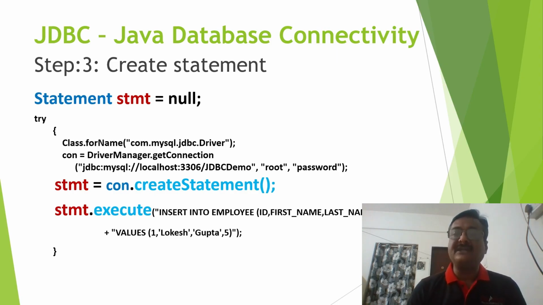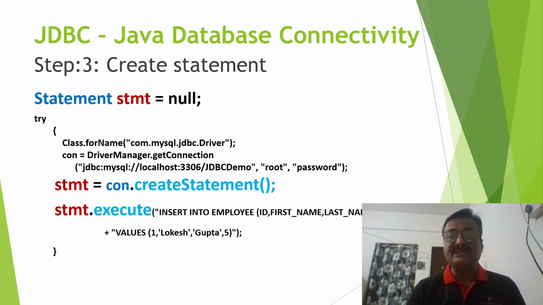From now onwards, whenever I want to refer to my database, I will use the connection object. To create the statement, I will use connection.createStatement, which will create one statement reference. After that, using the statement, I can fire any SQL statement over my database.